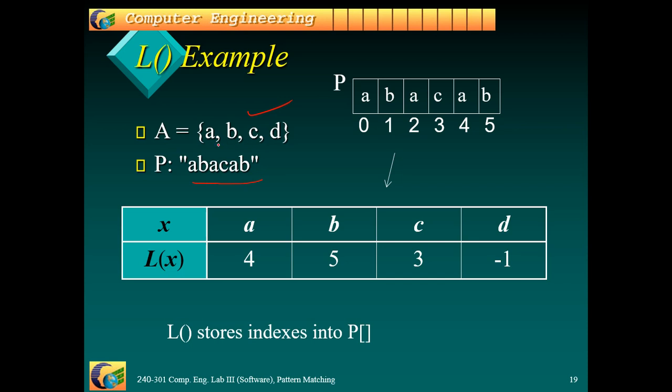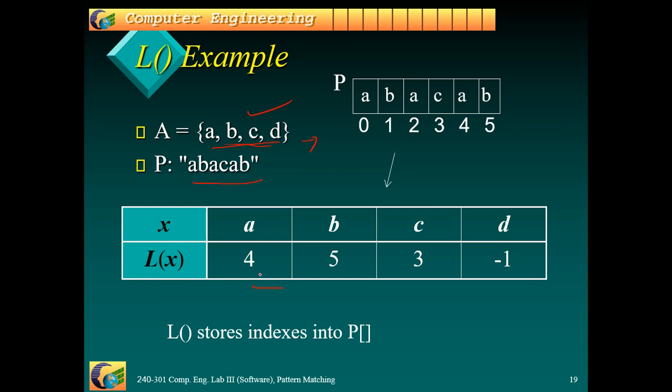A B C D. A B C D repeatedly it can carry, right? So this is the alphabet set of the text given, and this is the pattern, right? So in order to identify this pattern with the text having this alphabet set, first you need to construct the last occurrence table. So this is your last occurrence table you have constructed here. See how many characters you have? A B C D.